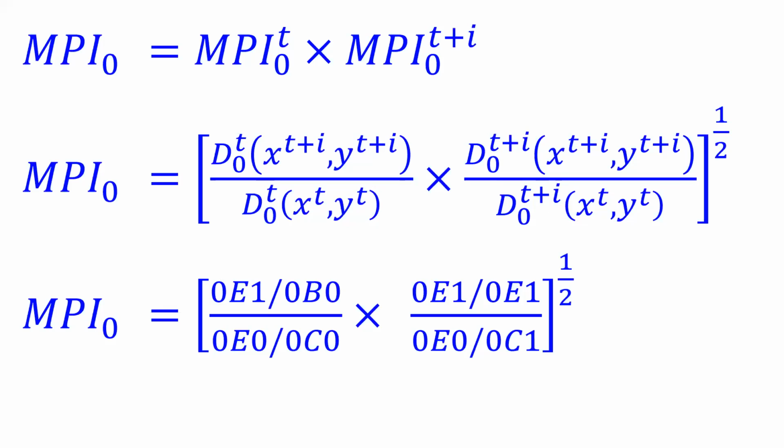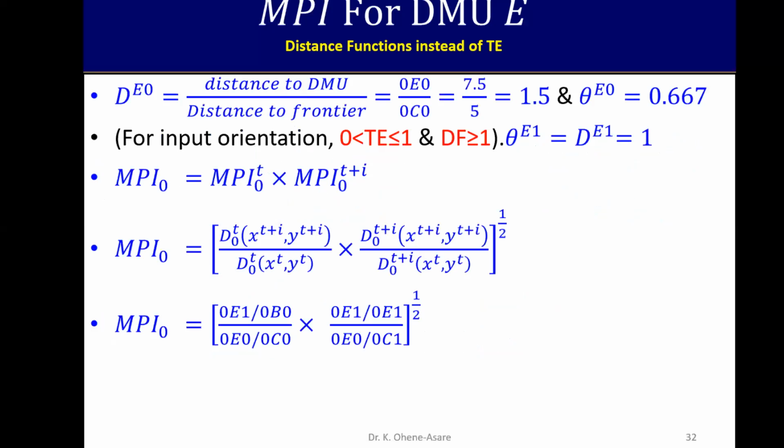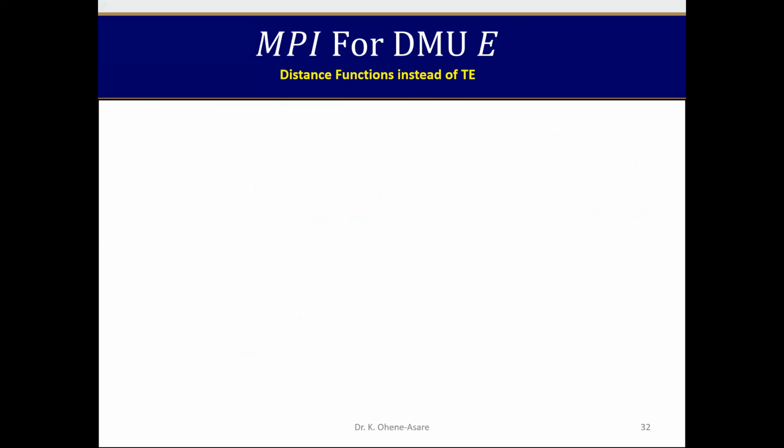Not a frontier 0, but a frontier 1. Or if this one was frontier 1, not a frontier 1, but a frontier 2. It depends on which one you are dealing with. So you're going to estimate the efficiency of a firm in the current year relative to the frontier in the previous year. So this same thing, we are doing it for firm E.